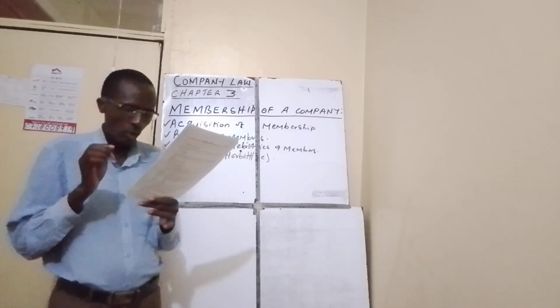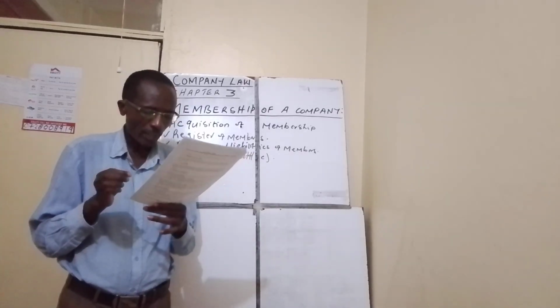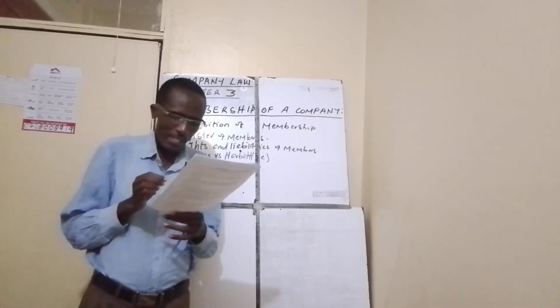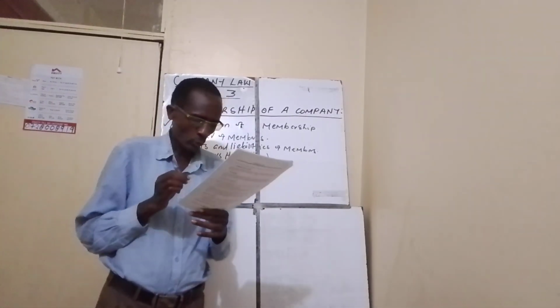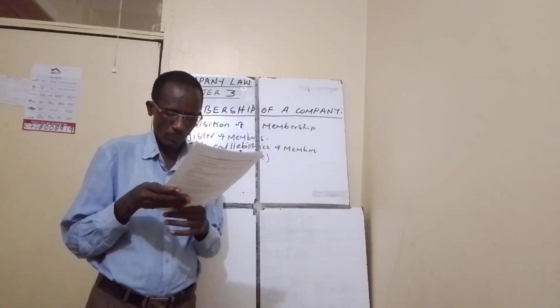They are therefore group rights whose members have to submit their will to that of the majority. The enforcement of these rights is governed by the majority rule, which is the rule in Foss versus Harbottle.